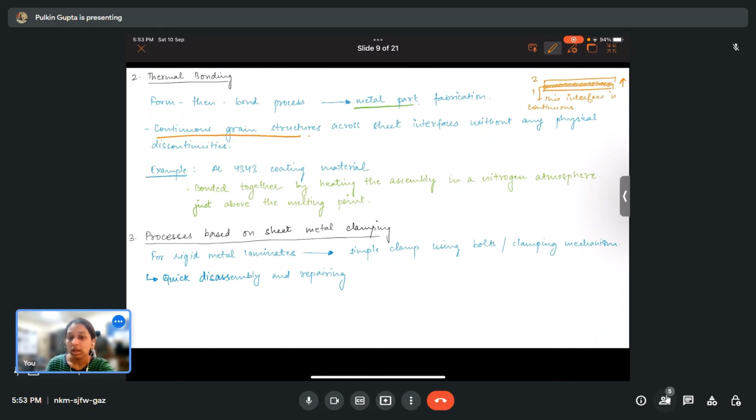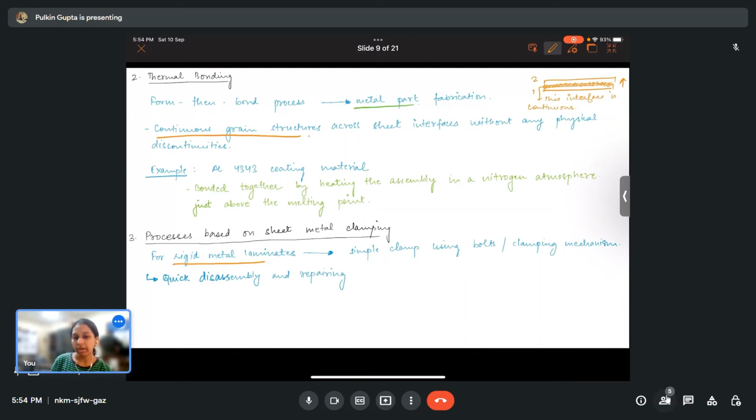Now, the third process is the processes based on sheet metal clamping. So this is basically used for rigid metal laminates where it is difficult to pass them through the rollers and they will not respond to the forces that can be applied there. So we use clamping mechanisms wherein the sheets can be held together and clamped using bolts or other clamping mechanisms. For example, you just put a stapler pin on a stack of paper. So that is your clamping.